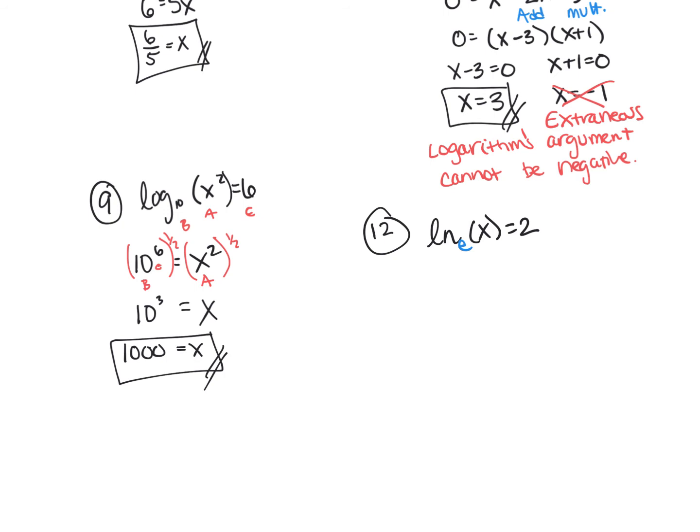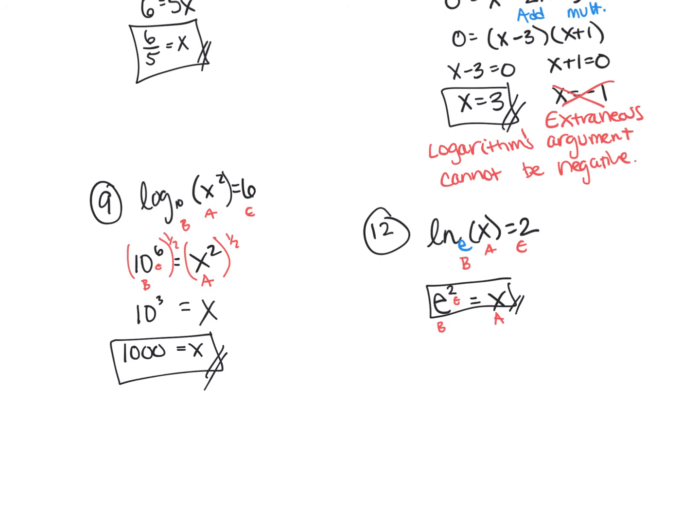So if we were to rearrange this as our base, answer, and exponent, this becomes e to the power of 2 is equal to x, or base, exponent, and answer. The cool thing is, if we're going to leave things exact, e in itself is a number. So I can just leave my problem here and be done with it. So if you get an answer with e as part of your answer, that's okay. E is still just a number.